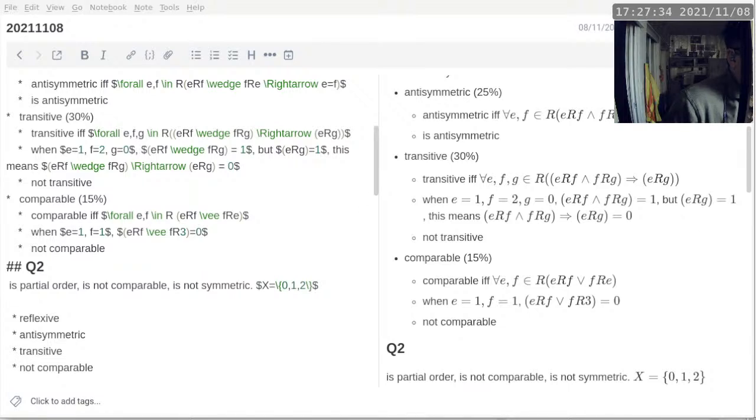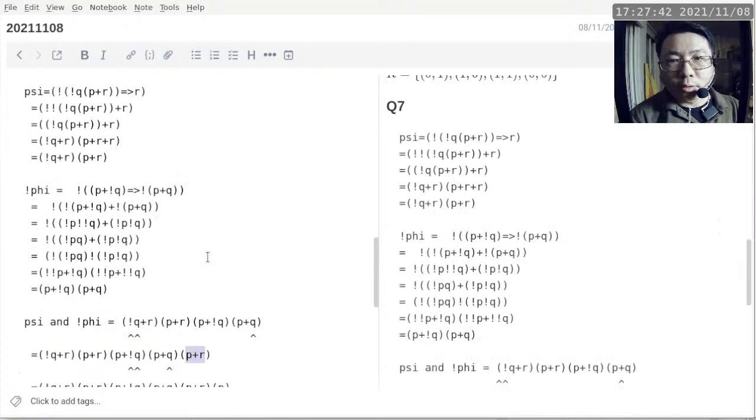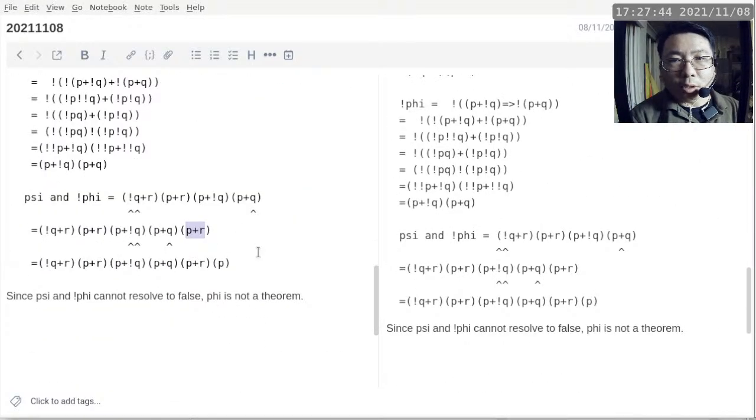Alright, so the next question is, let's just say that not phi includes the term Q or R. If it includes the term Q or R, it's not going to help, because having the term Q or R is not going to help us with resolving to false.